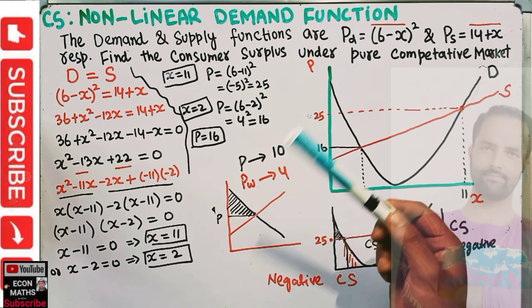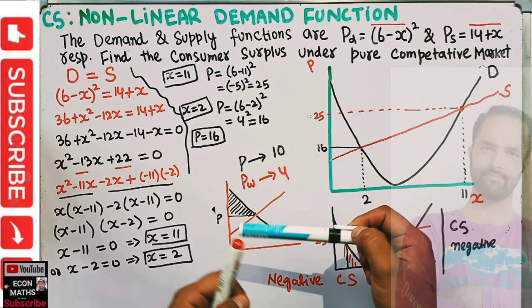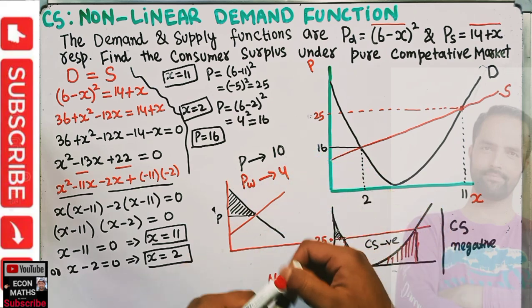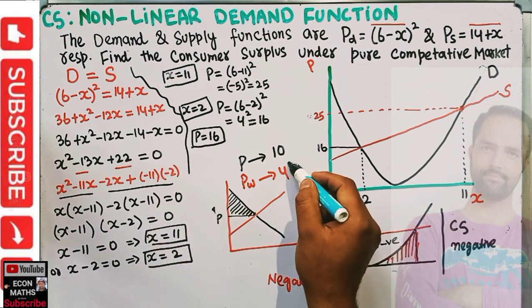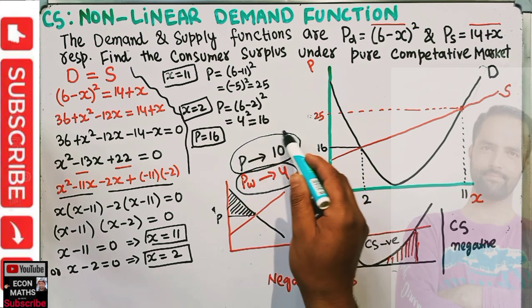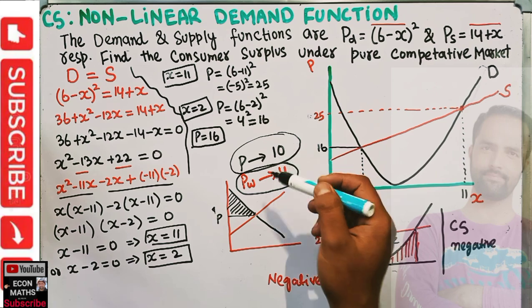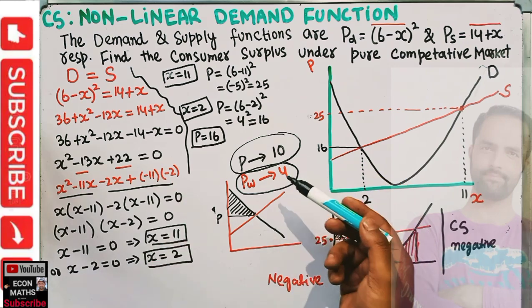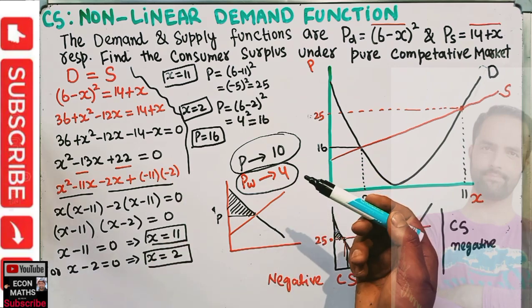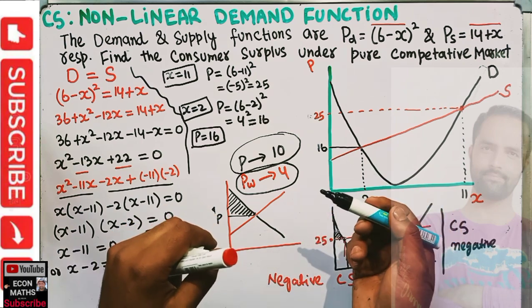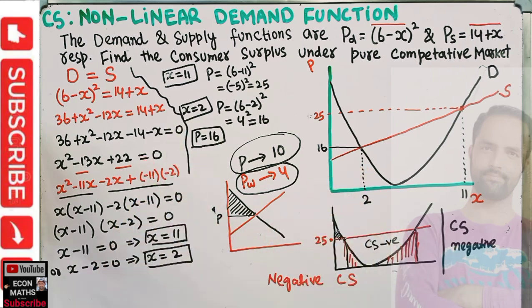But when I go to the market its price is 10, so I have to pay $10, and there will be a negative consumer surplus. I was only willing to pay $4, but I am being forced by demand and supply to pay $10. So my consumer surplus will be negative. I have told you that consumer surplus is simply equal to willingness to pay minus the price actually being paid. So I am making a negative consumer surplus.